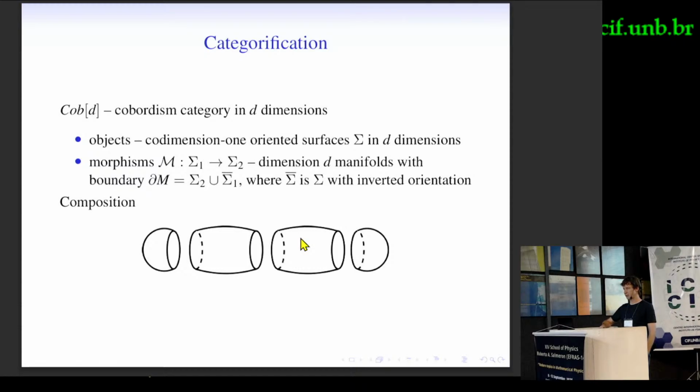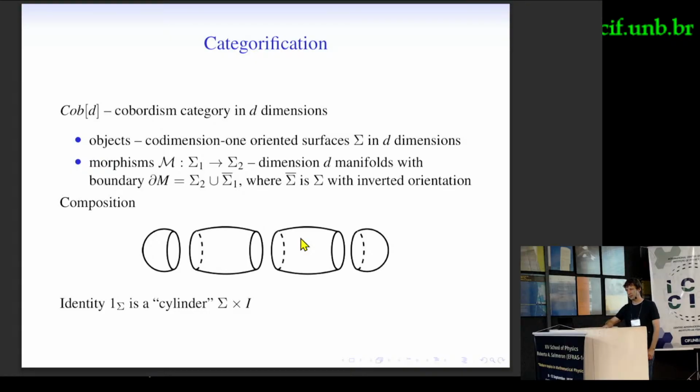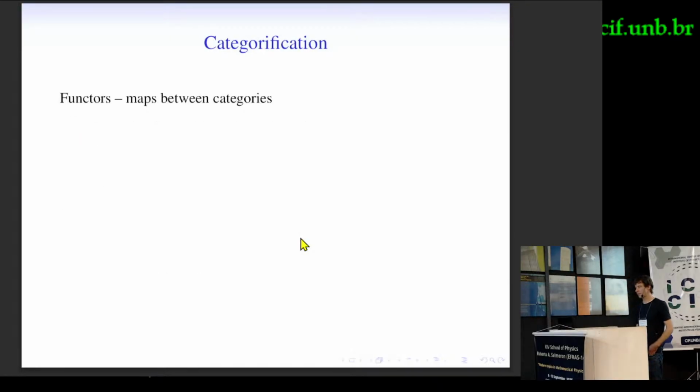So this allows me to glue two cylinders together. And there is an identity cylinder, so that's the most simple space that bounds the same type of sigma, and it does nothing. So it is sigma times basically the unit interval.